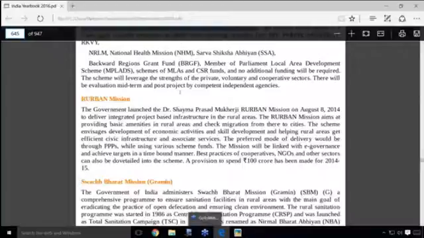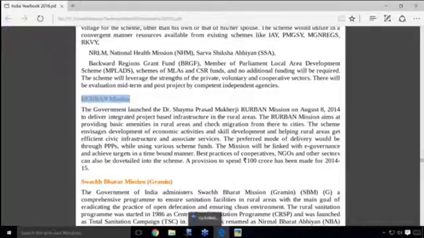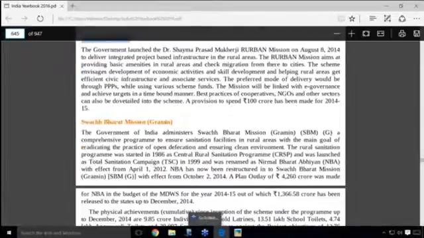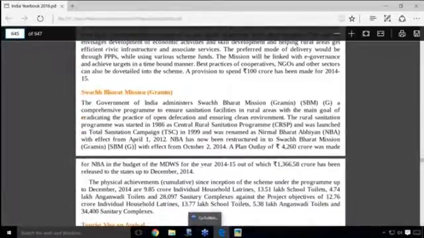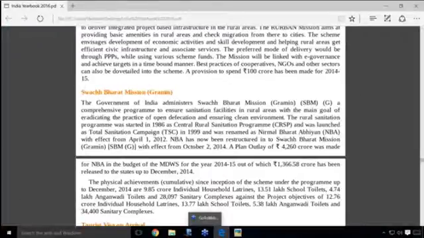Then you have urban mission, which we will be seeing in the rural and urban development chapter, right? So urban mission, Syama Prasad Mukherjee urban mission, and you have Swachh Bharat mission Grameen. What is it? Swachh Bharat mission Grameen.